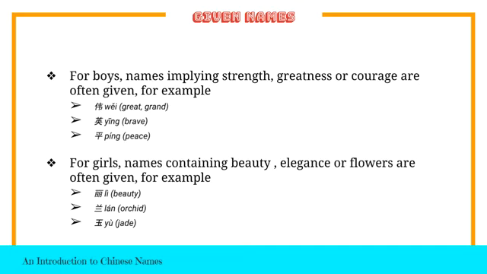Okay, and for some Chinese given names, it's quite common for parents or grandparents to give a child a name based on the gender. For boys, names implying strength, greatness, or courage are often given. For example, Wei, Ying, or Ping. For girls, however, names containing beauty, elegance, or flowers are often given. For example, Li, Lan, Yu. Those are quite common girls' names.